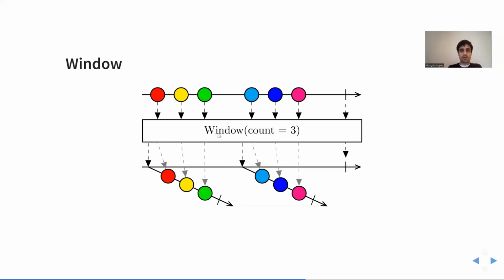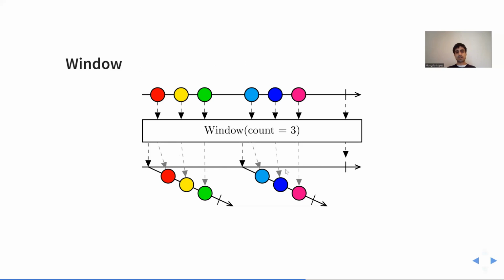Now, with window, something very different is going on, because what we see here is that what the operator sends out is not a list, but rather these subsequences that are represented as coming off to the side of the main sequence. And the elements of the original sequence are routed to these subsequences.